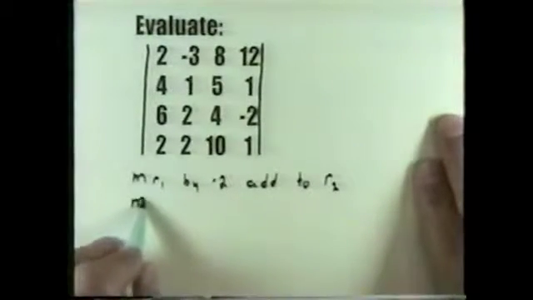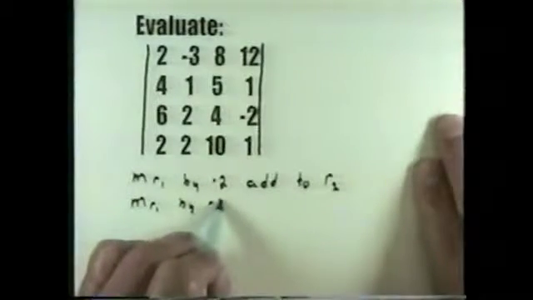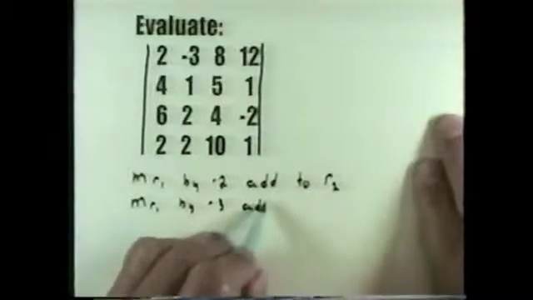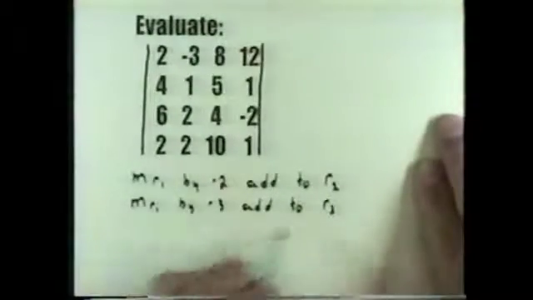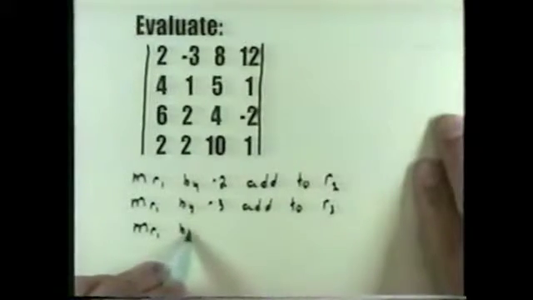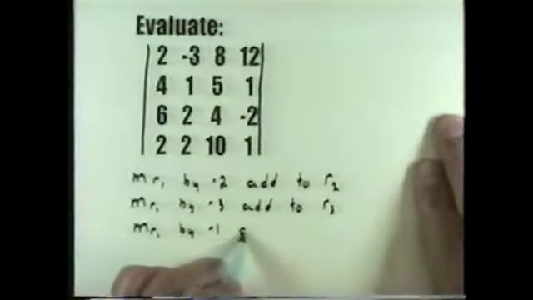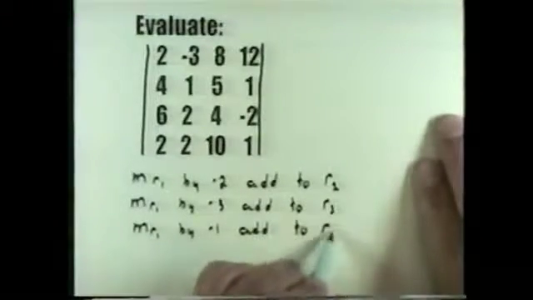Then I'm going to multiply row 1 by -3 and add to row 3. Then I'm going to multiply row 1 by -1 and add to row 4.